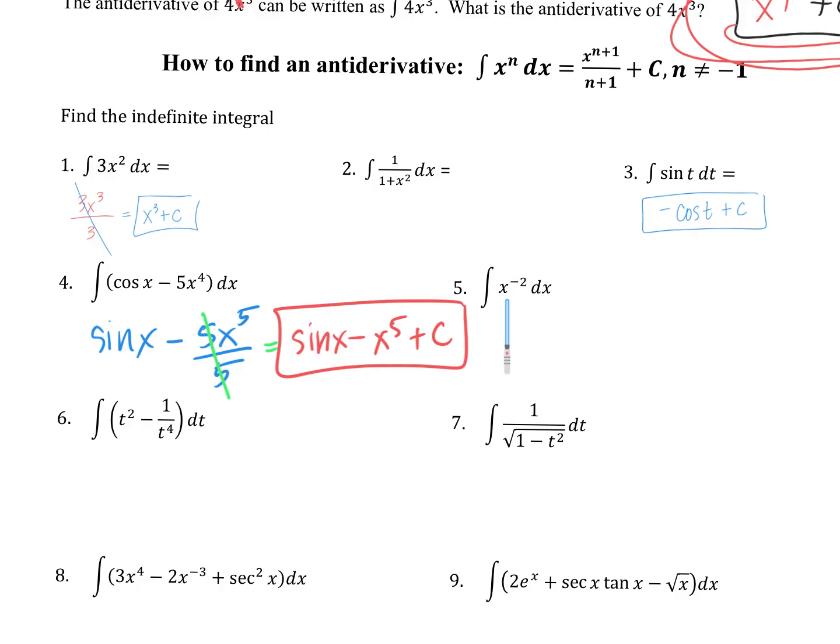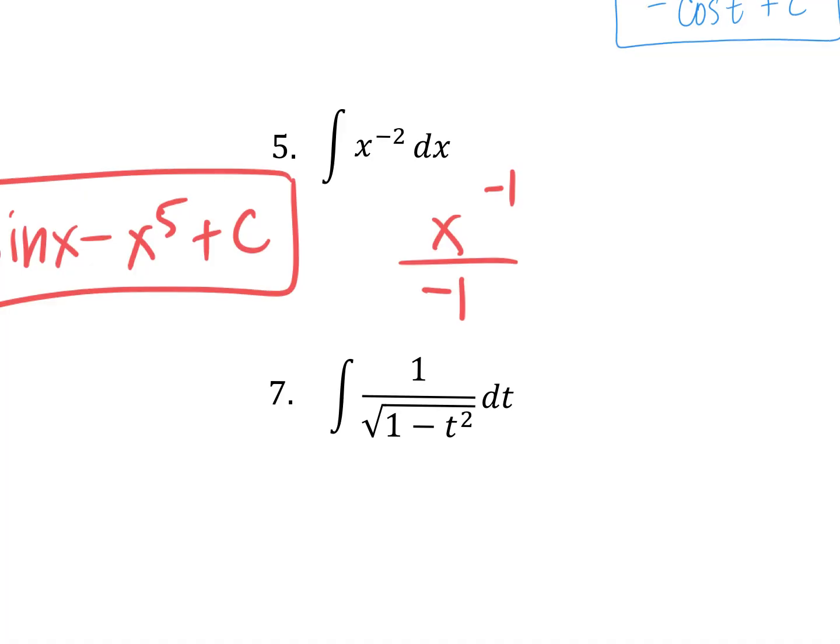Yep, got you right here. Add 1 to that exponent over here. Divide by that new exponent. Right? How would I simplify that? Anything with a negative exponent, I would move where? Right. This one is already up, so I'm going to move it down. So I have an x down there.